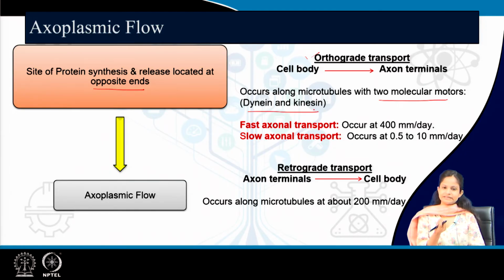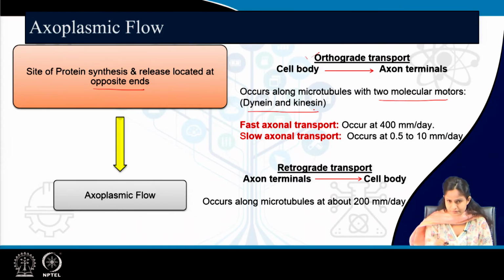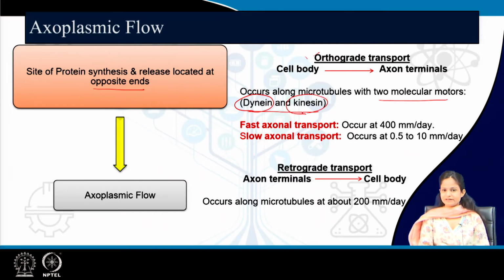Molecular motors are nothing but like a vehicle which transports people from one place to another. So you have to remember two names: dynein and kinesin. They play a very important role in orthograde transport. There can be fast axonal transport and slow axonal transport.